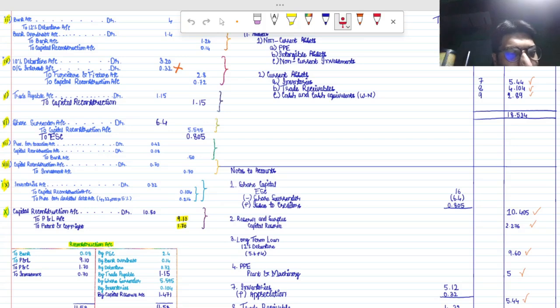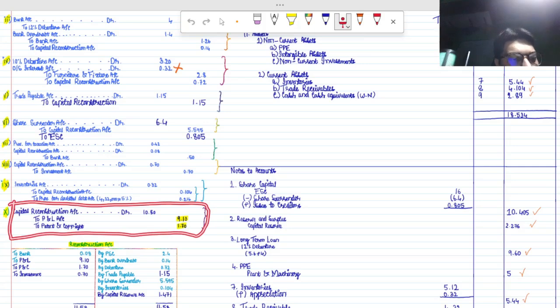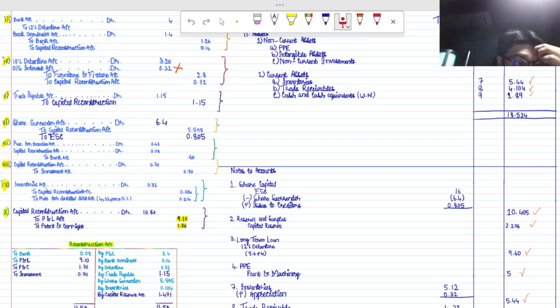The tenth entry is capital reconstruction account debit to P&L account and patent and copyright. This is a write off of intangible assets and profit and loss account.